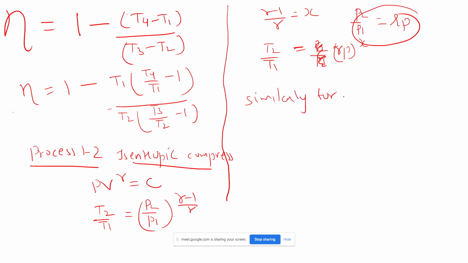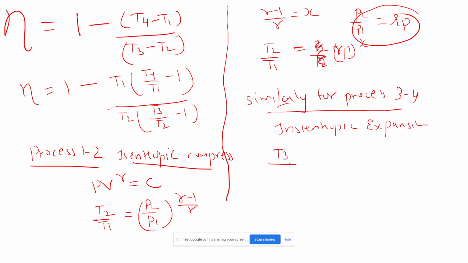Similarly for process 3 to 4. What is it? It is an isentropic expansion process. So same here, we can write T3 upon T4 is equal to (P3 upon P4) to the power gamma minus 1 upon gamma.